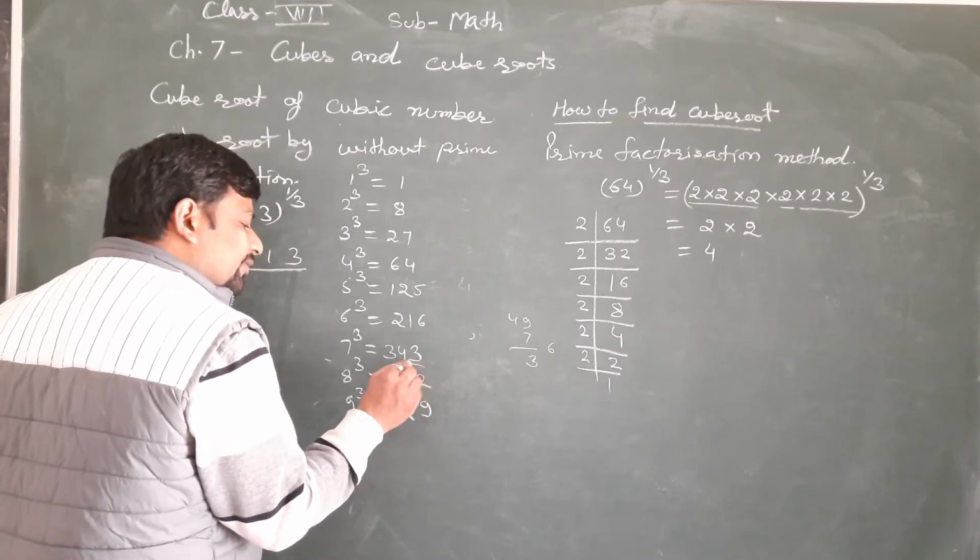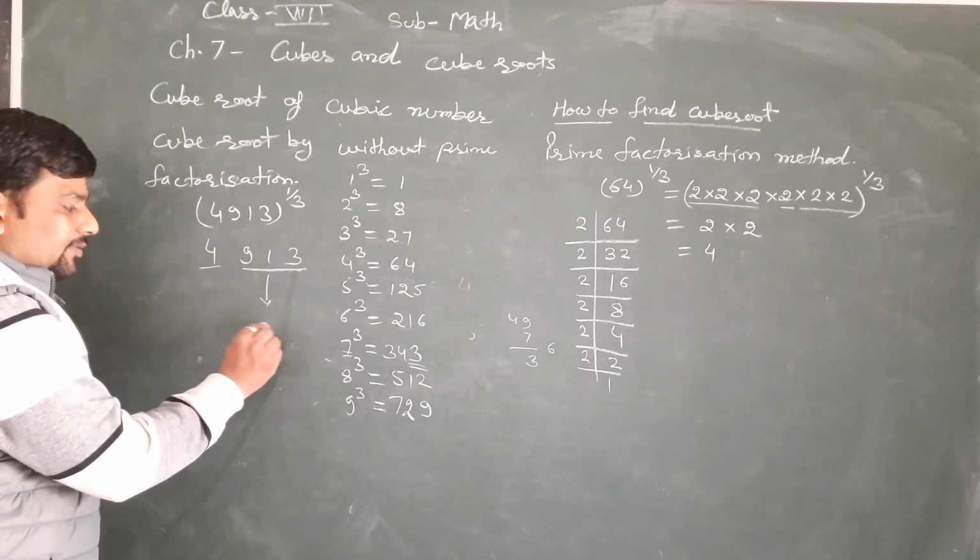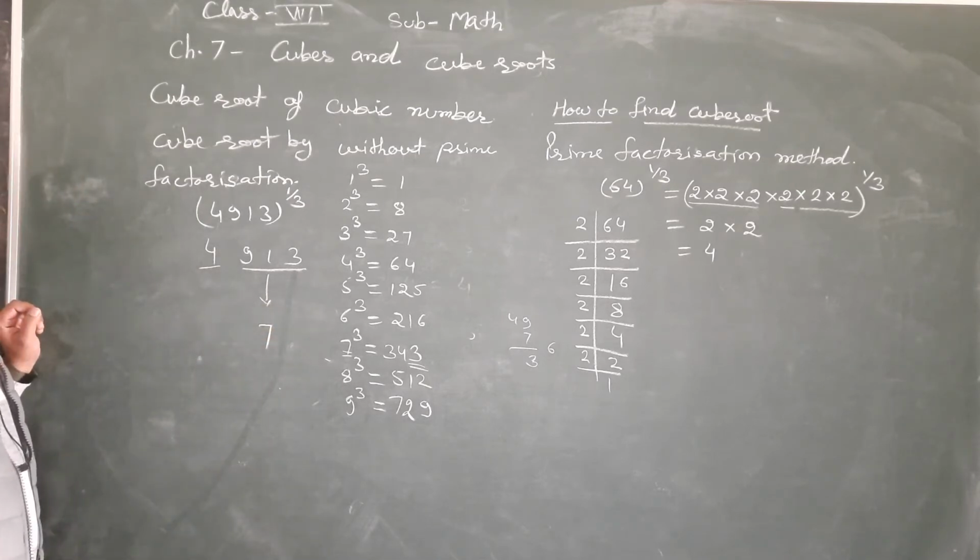So the unit digit 3 comes from 7. So in this case we will have 7 as the unit digit in the cube root of 4913.